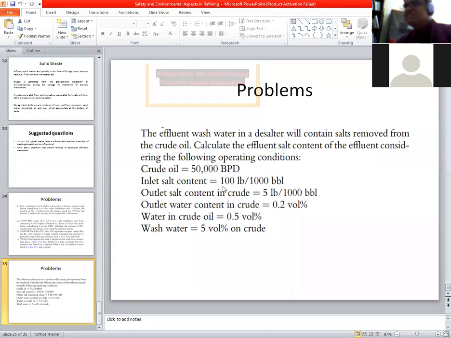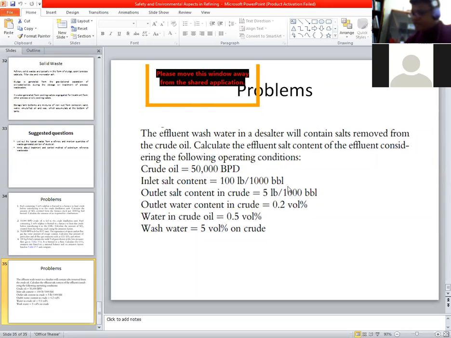salt removal mass flow rate by desalter equal to, please do it everyone, I will ask you now, you have to answer me. 100 minus 5 times 50,000. No need for conversion here because here it is barrel. Please do that.